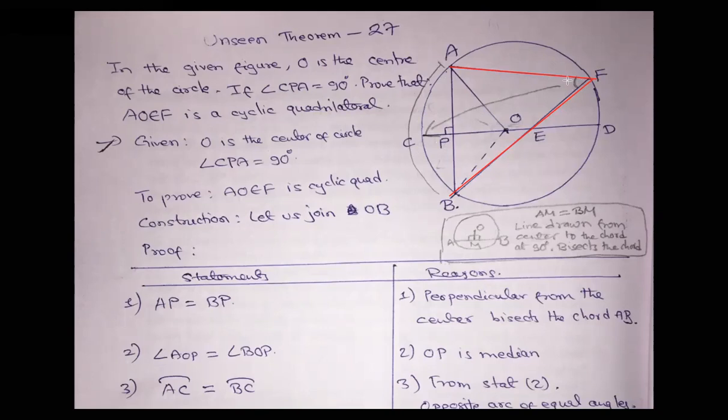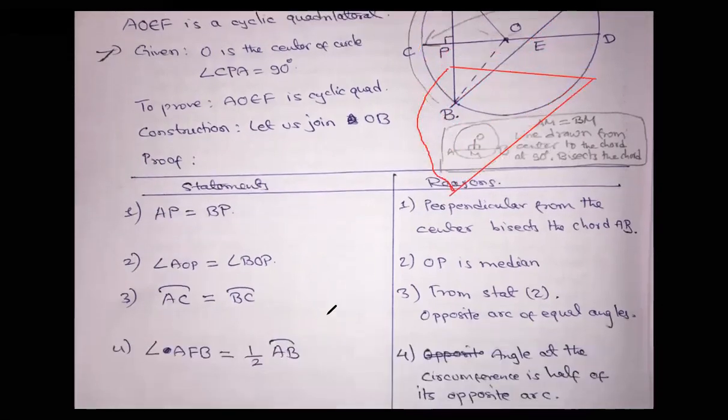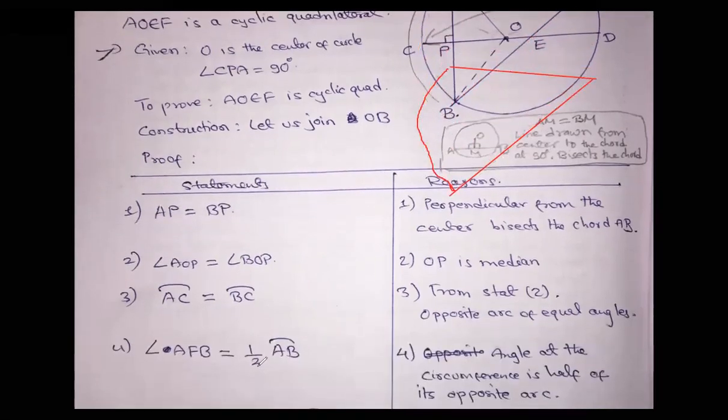Okay. So for this angle AFB, the opposite arc is going to be this one. Let's go from A to B. Let us draw this line. We can name it either ACB or AB. So AFB is half of AB.